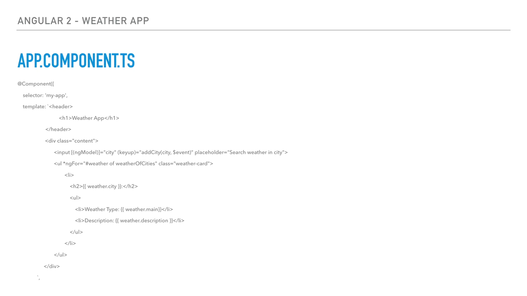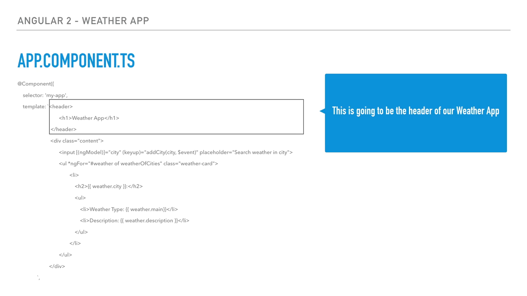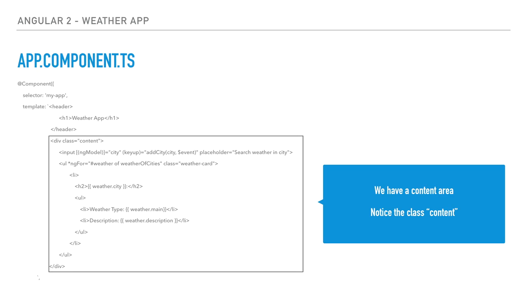In our app component, we will refactor the template a little bit. So now we will have a header part. This is where we will say, okay, this is a weather app, this is the title of our project, and then we will have a content area, notice the class content, and this is where we will put the input and the unordered list with the weather of the cities.